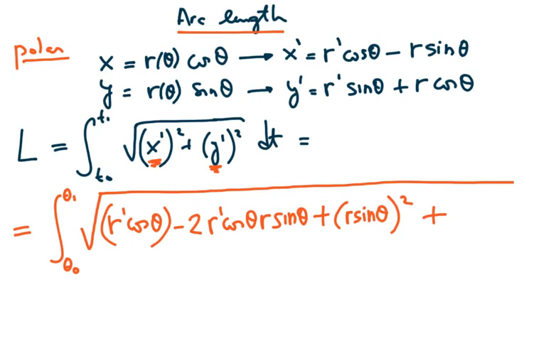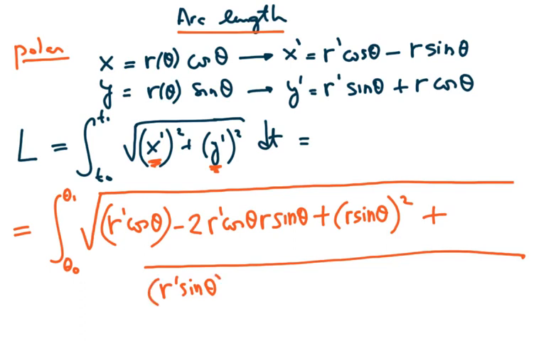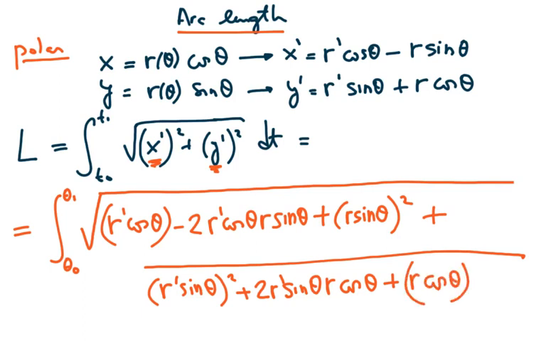That is the same thing: the square of the first one, double of the first multiplied by the second, and the square of the second. I'm going to continue the square root here, and so the radicand is going to be r prime sine squared plus 2 r prime sine r cosine plus r cosine squared. So that is all that goes inside of this root.